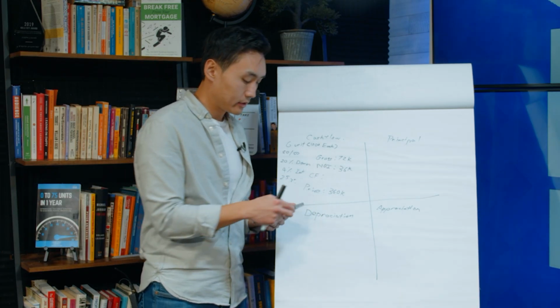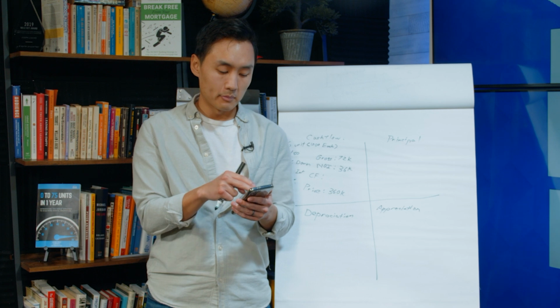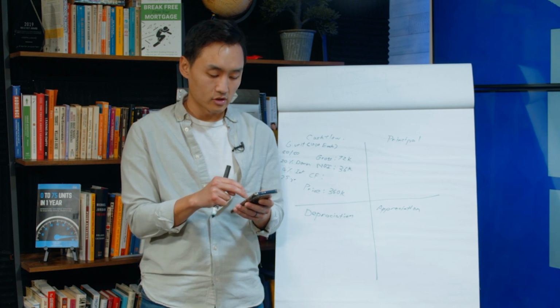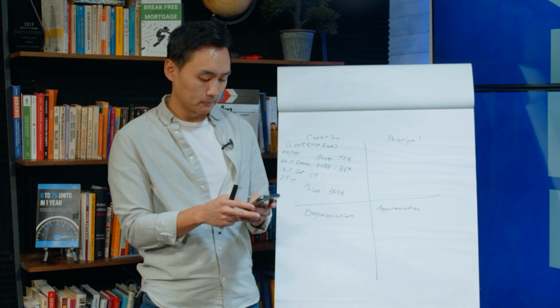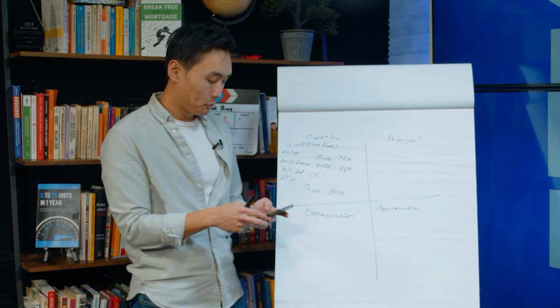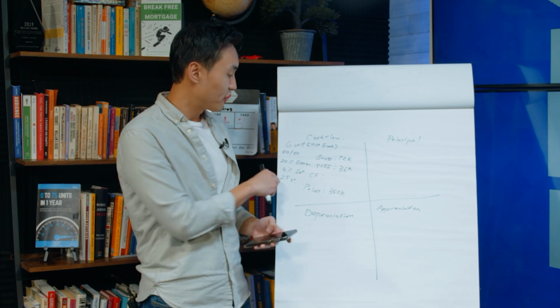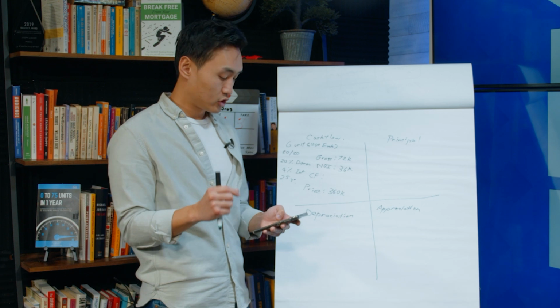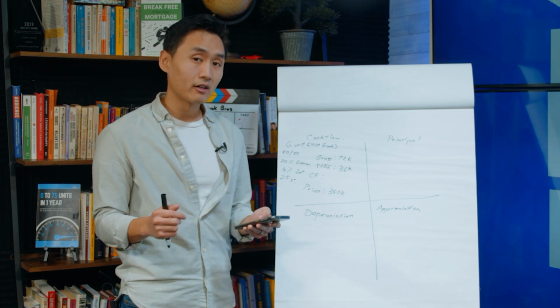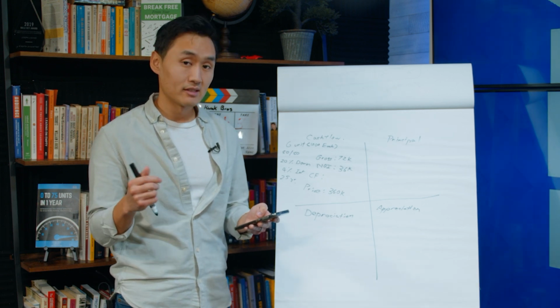Okay, so calculating our cash flow, we now know what the property value is. It's $360,000. We got our down payment of 20% right here. We have 4% interest, and we have 25-year amortization. That's going to give us a monthly debt service, monthly mortgage of $1,520.17.